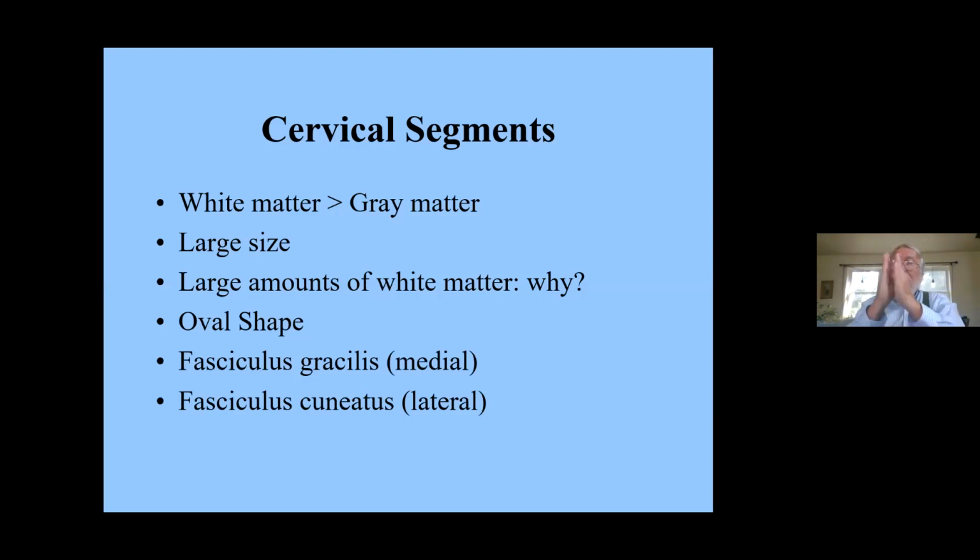The sacral fibers. Then what will happen as they go up, and we now go past the lumbar segment, the lumbar fibers come in and join them just laterally. Then the lower thoracic fibers come in and they join. Then the upper thoracic fibers come in and they join. And then finally the cervical fibers come in and they join.